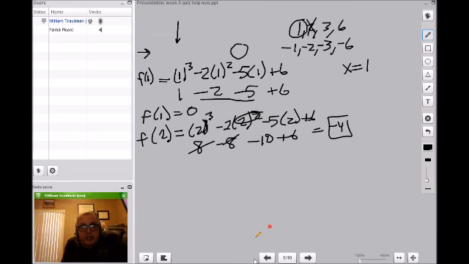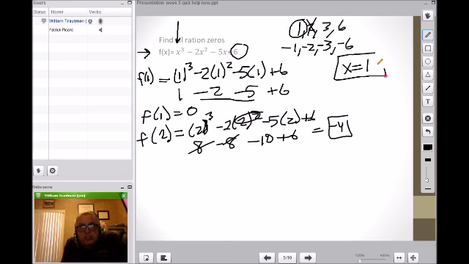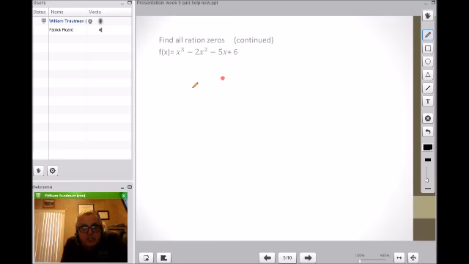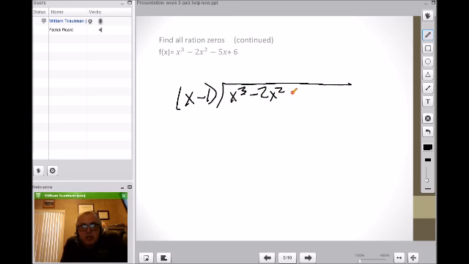So I know already 1 is a solution. So I'm going to divide it by x minus 1. Remember, you always change the sign. x cubed minus 2x squared minus 5x plus 6. Okay, so how many times is x going into x cubed? 1 x cancels, and I'm left with x squared.